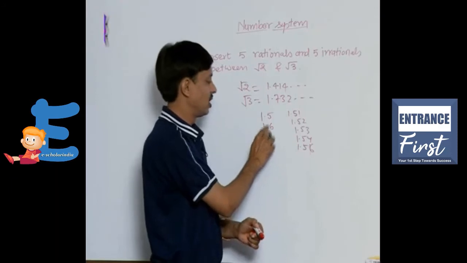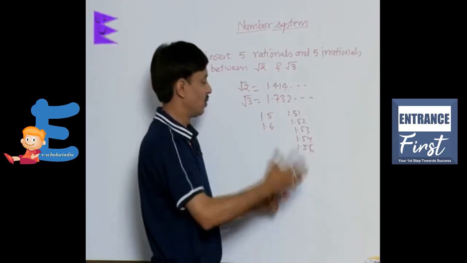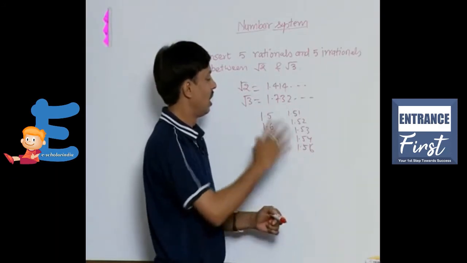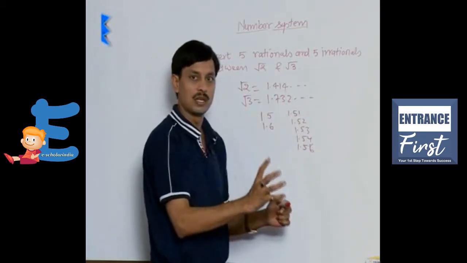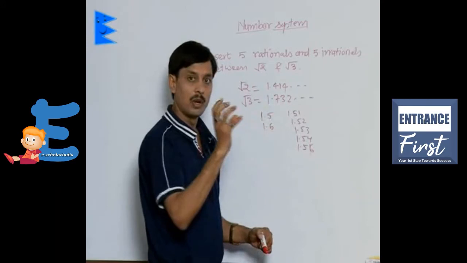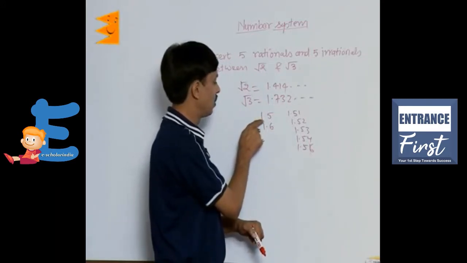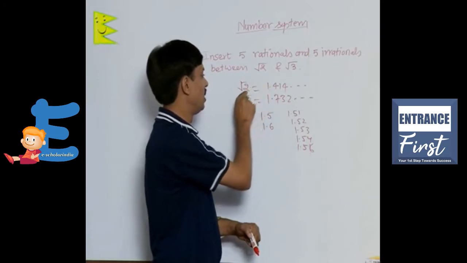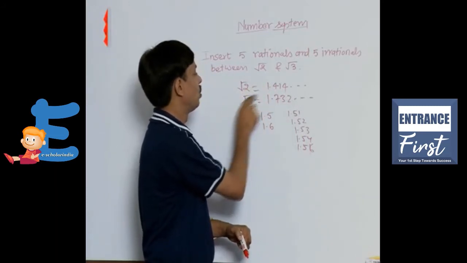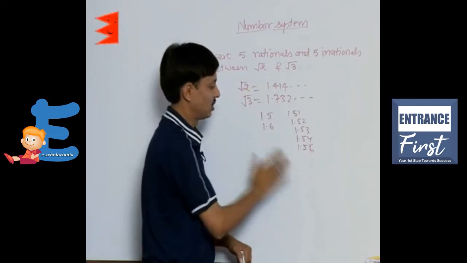Similarly, you can say 1.6, 1.61, 1.62, 1.69, 1.51, 1.567. You can write an infinite number of rational numbers by just a little bit of common sense, starting either with 1.5 or 1.6, because these are the two values that lie between the decimal representation of root 2 and root 3. These are the rationals.